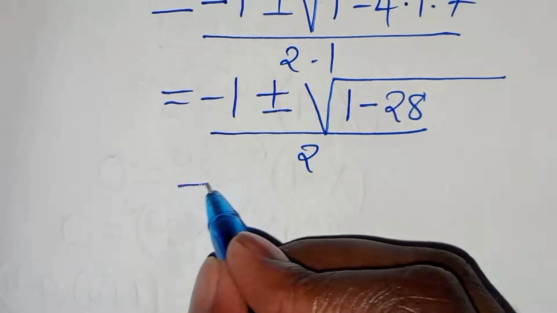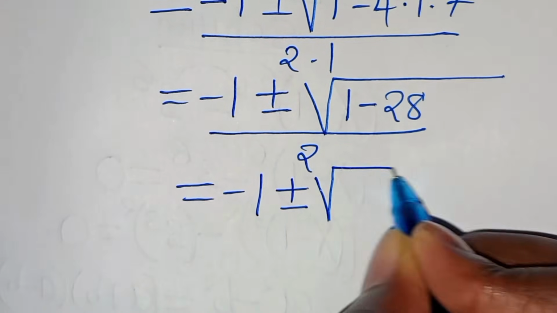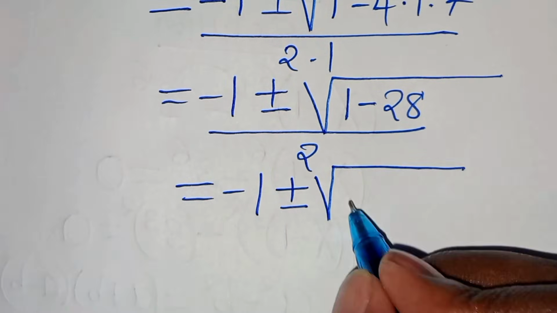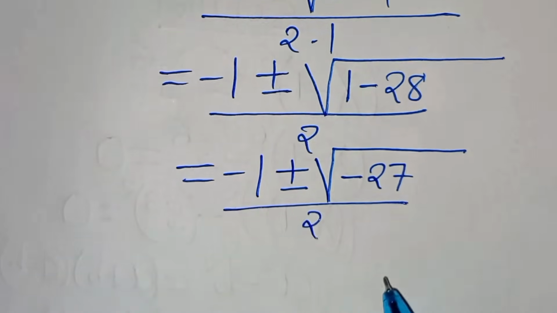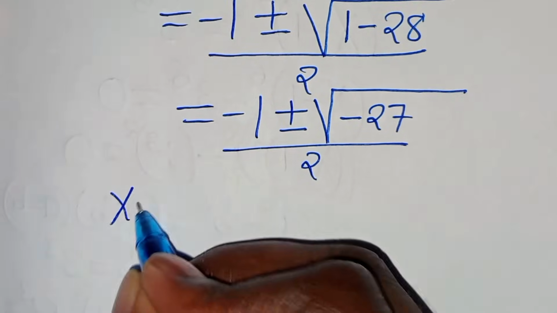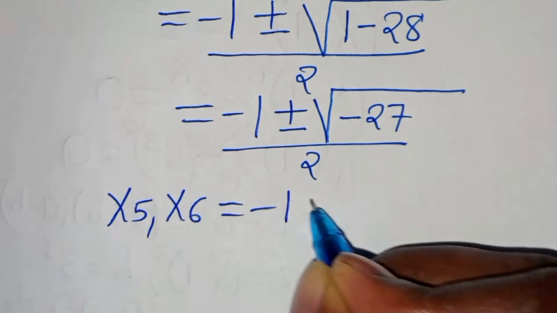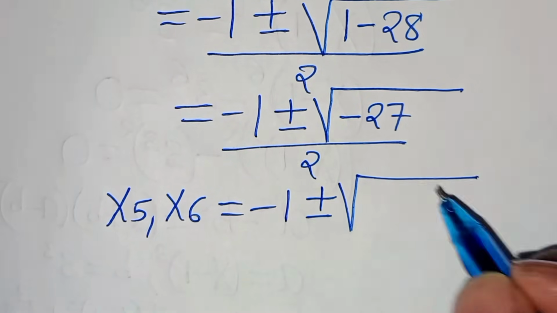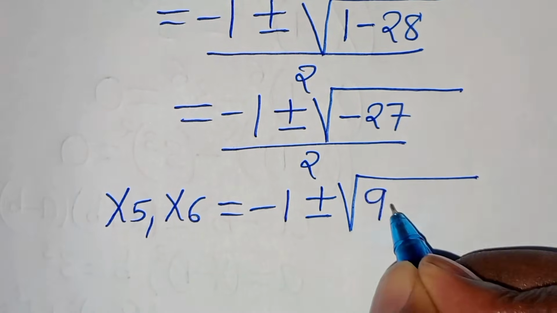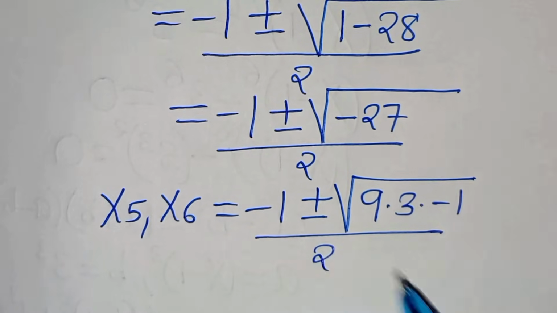So we have negative 1 plus or minus the square root of 1 minus 28, this is negative 27, then divided by 2. So x5, comma x6 is equal to negative 1 plus or minus the square root of negative 27, which is the square root of 9 times 3 times negative 1, divided by 2.